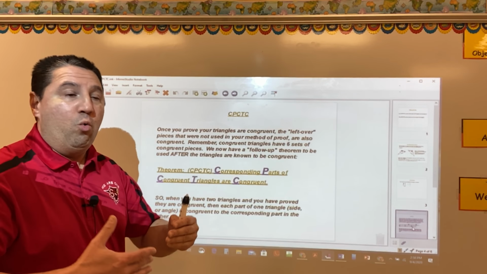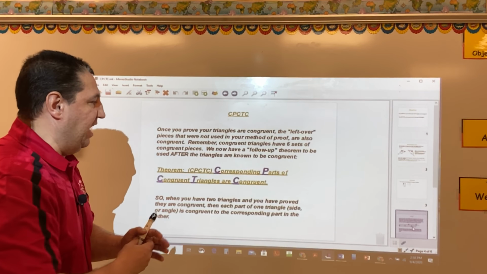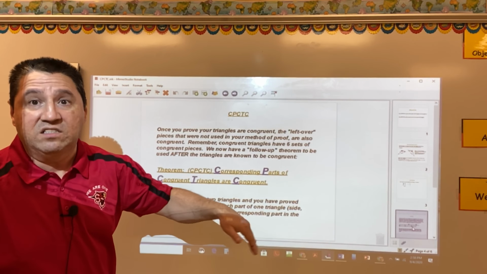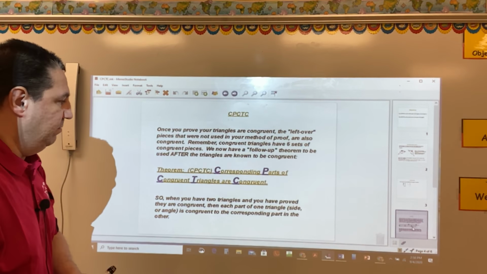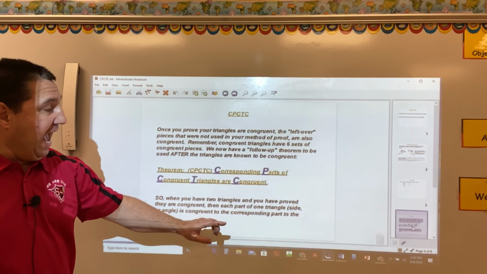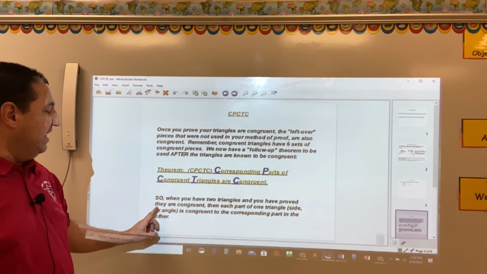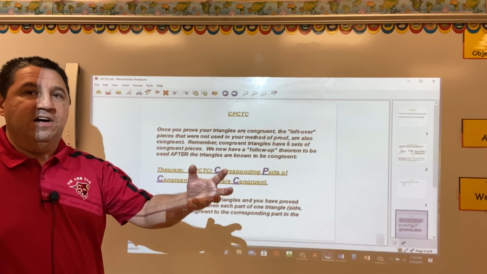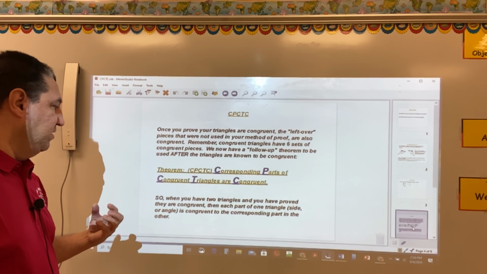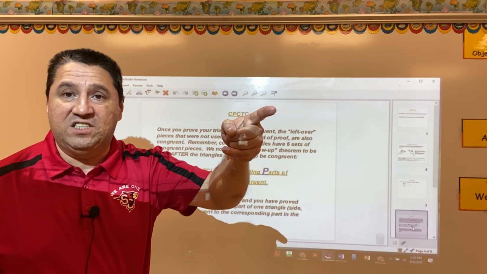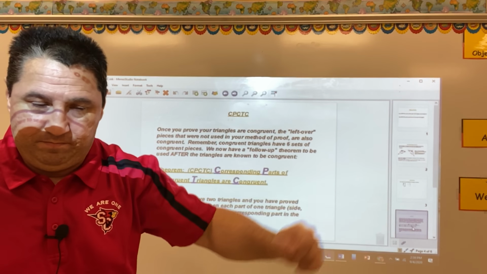In other words, what does this theorem state? Corresponding parts of congruent triangles are congruent. So, when you have two triangles and you have proved they are congruent, then each part of one triangle, side or angle, is congruent to the corresponding part of the other triangle.